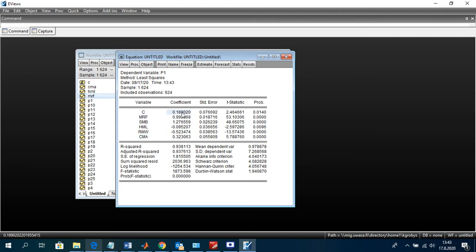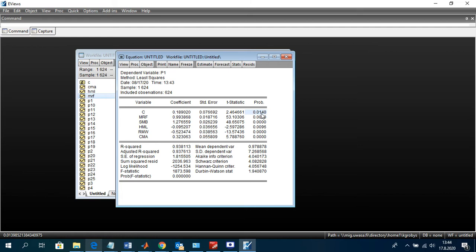The t-statistic of this point estimate 0.18 is 2.46, indicating significance on at least a 5% level. 2.46 is obviously much larger than 1.96, which is our critical value. And here also the p-value is 0.01, which is obviously smaller than 0.05.